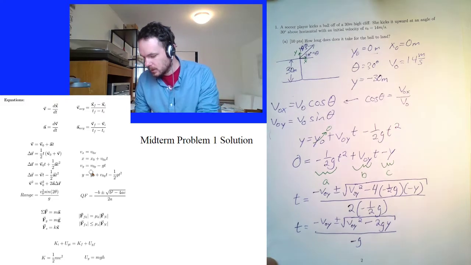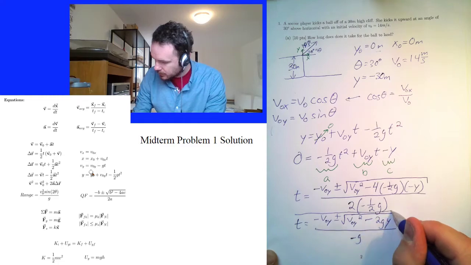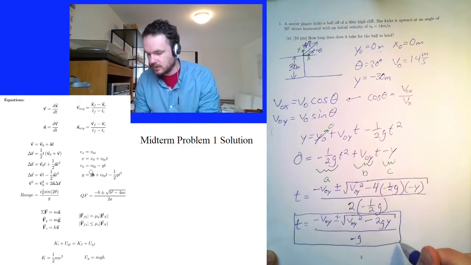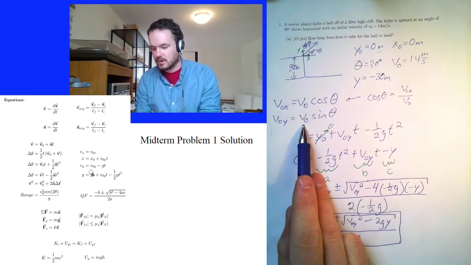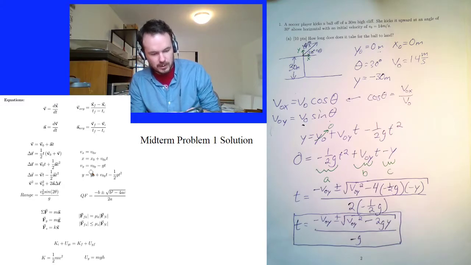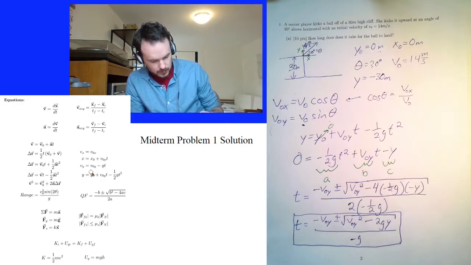All right. So I think I can plug in numbers here. You have to be a little careful. Remember, v0y is not equal to v0. v0y is v0 times sine of theta. So with these numbers, let me do some calculations. I've got 14 times sine of 30 degrees.